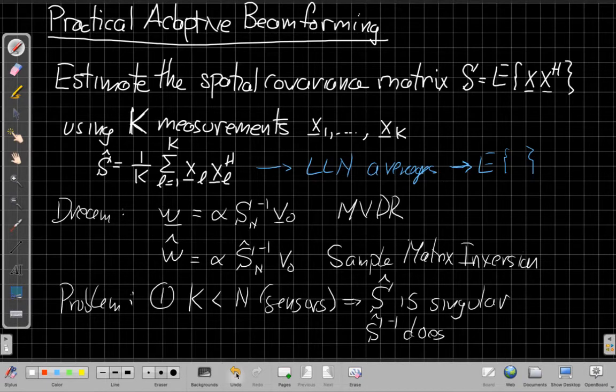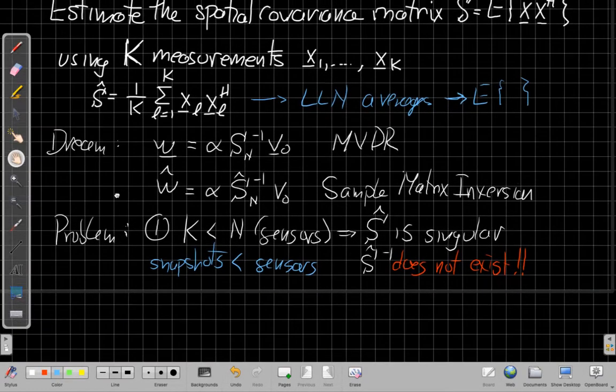Actually, that's so important, maybe we'll write that in red. So if the number of snapshots is less than the number of sensors in my array, this estimated spatial covariance matrix, S hat, will be singular and its inverse will not exist. So it's not an invertible matrix, so I can't do all this. So I need to find a way to solve that problem.